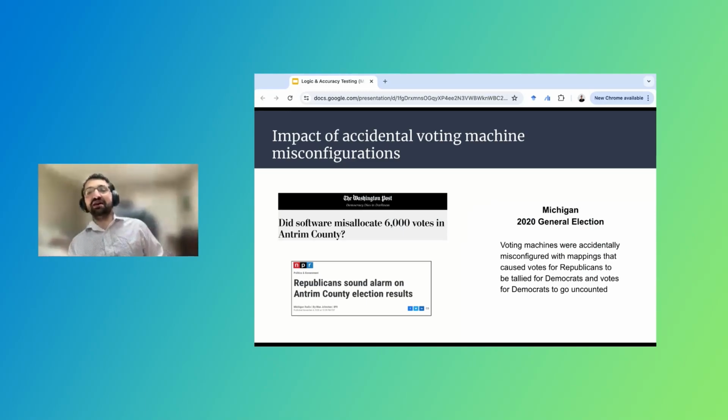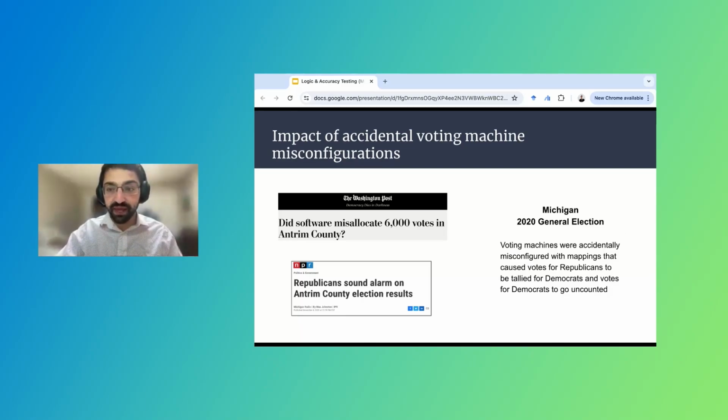In this election, voting machines were accidentally misconfigured with mappings that caused votes for Republicans to be tallied for Democrats and votes for Democrats to go uncounted.